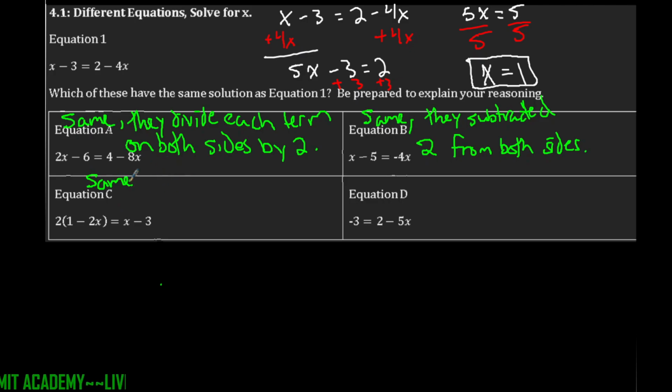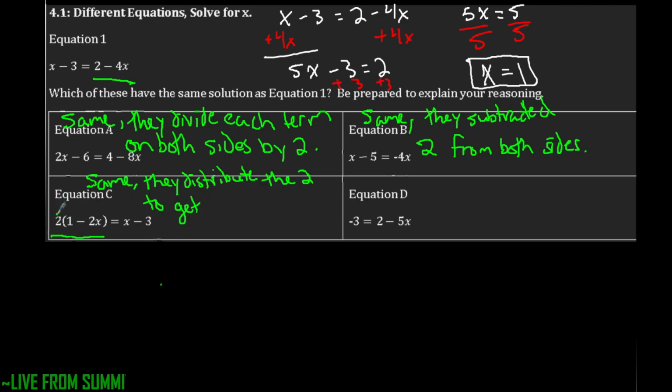On equation C, we can say this one's also the same, because if they distribute the 2, they end up getting this side, 2 minus 4x.